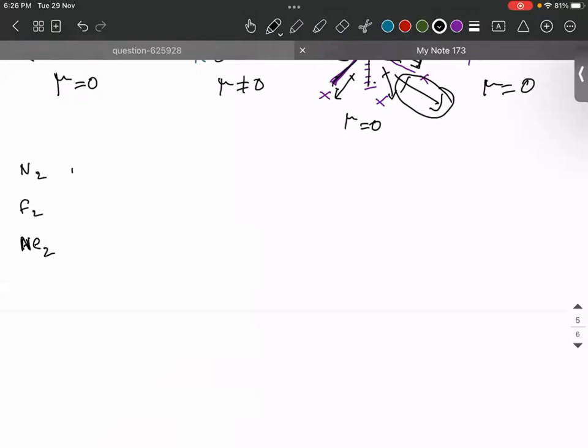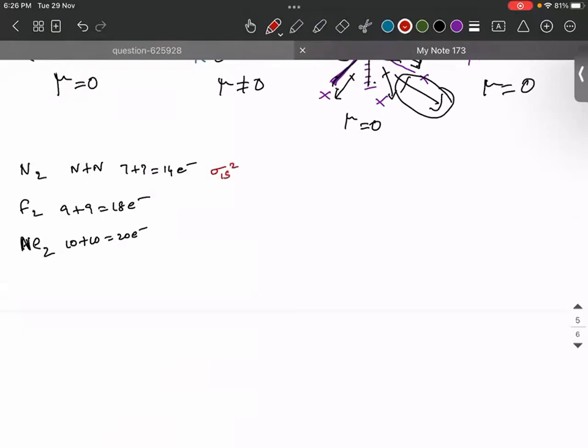So nitrogen means N plus N, so 7 plus 7, 14 electrons. Fluorine means 9 plus 9, 18 electrons. Neon means 10 plus 10, 20 electrons. Correct? You just write the electronic configuration. Up to 14 electrons we have one formula, and beyond 14 electrons we have another formula. So what is the formula?